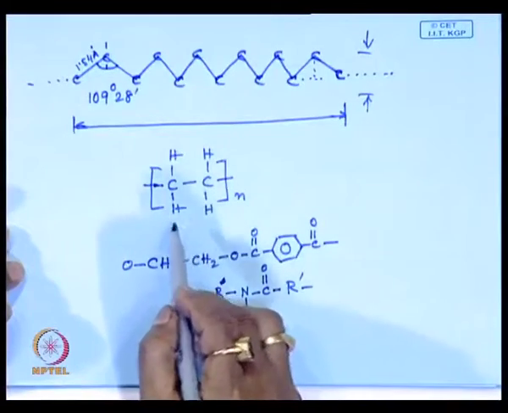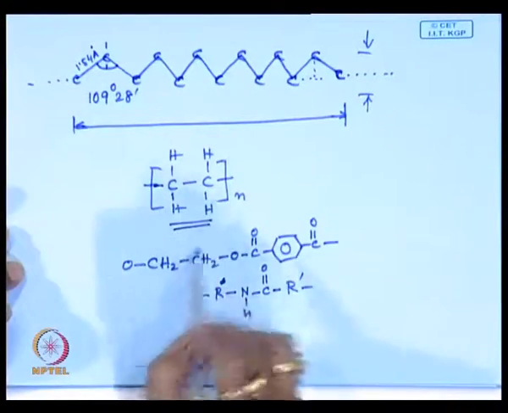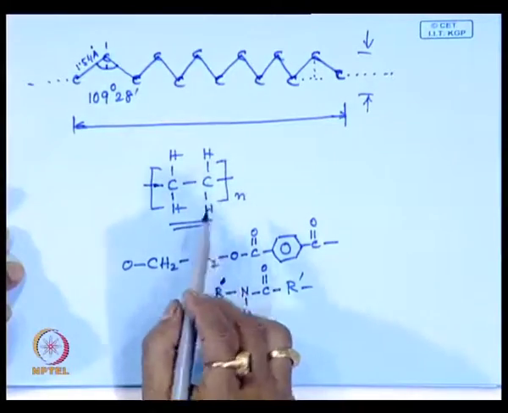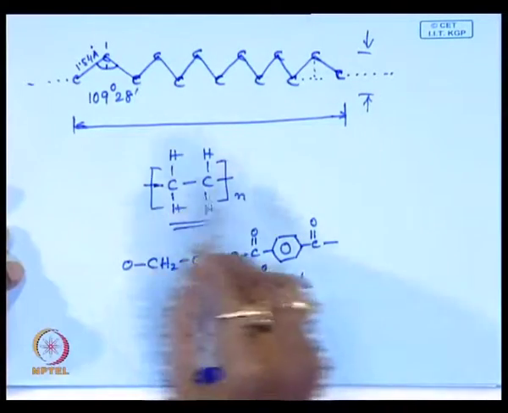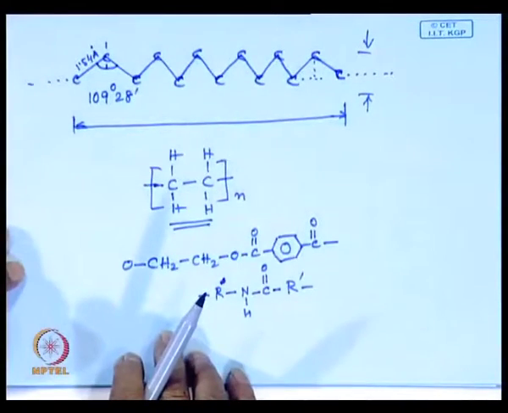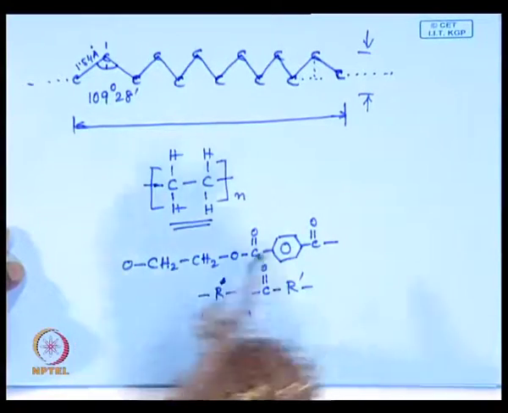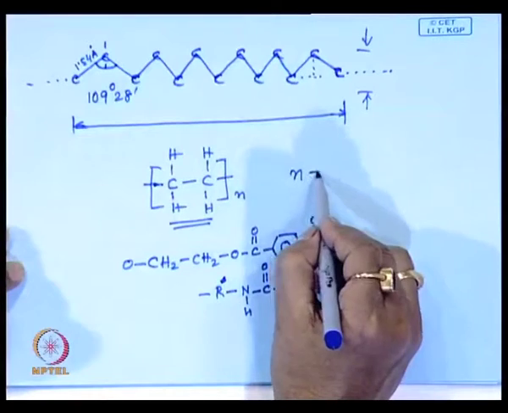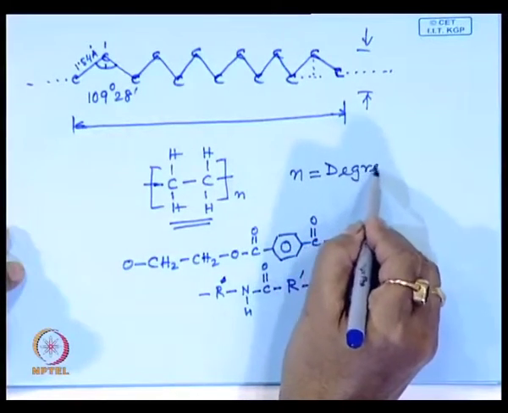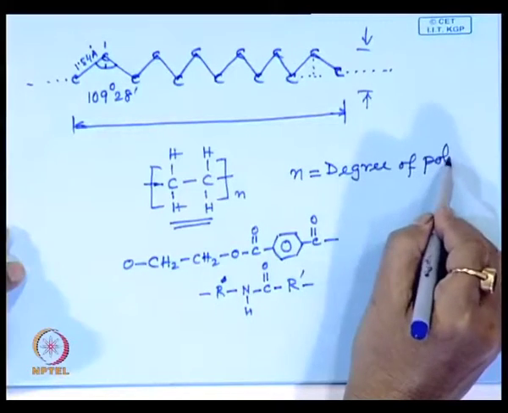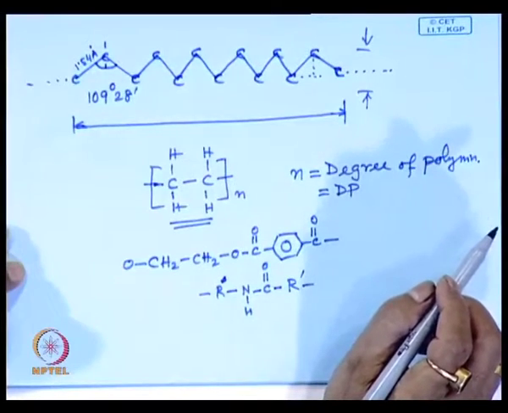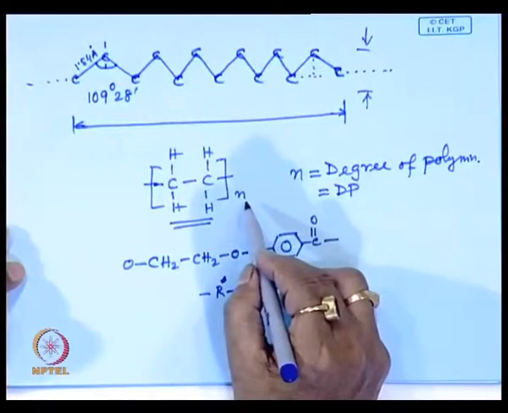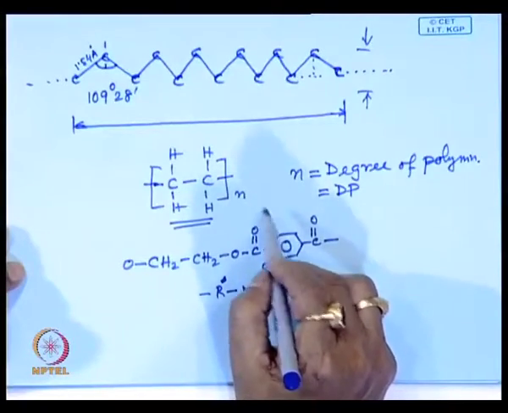Then repeat unit. What is repeat unit? In the definition of the polymer I showed that this unit is repeated n number of times along the molecular chain, along the backbone of the molecule, that is known as repeat unit. And this n is known as degree of polymerization, or DP. So, if I know the value of n, then I can easily calculate the molecular weight of this polymer.